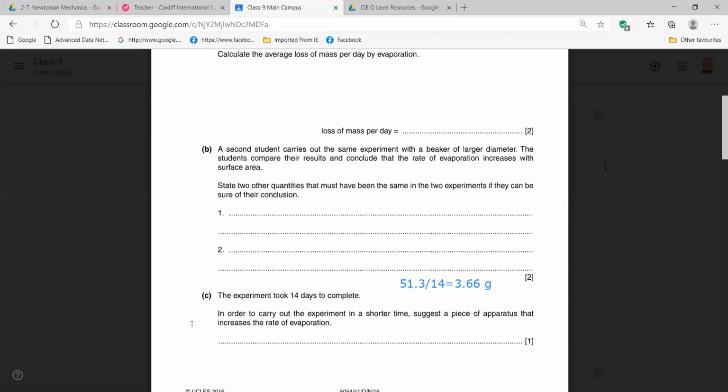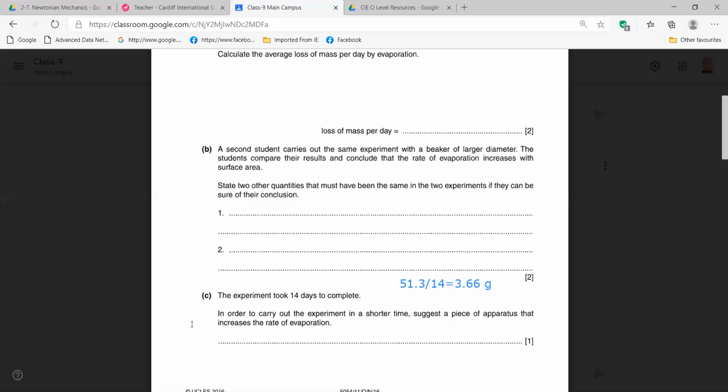So to make this experiment accurate and more understandable, which things must they keep the same? That means you have to keep the factors the same.